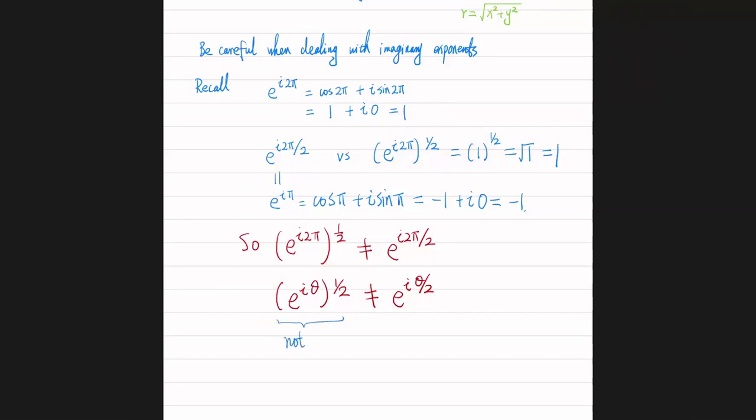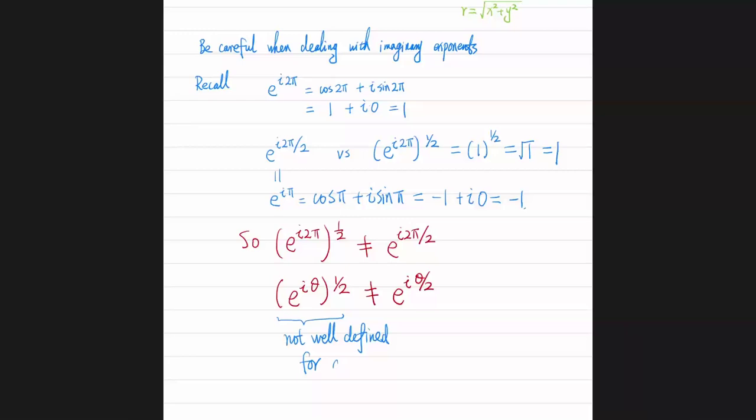Not well defined. But this is always well defined.